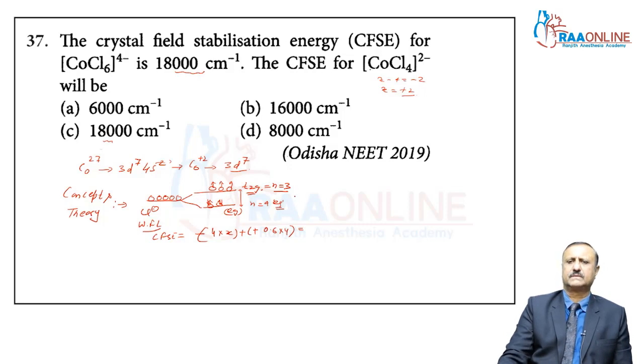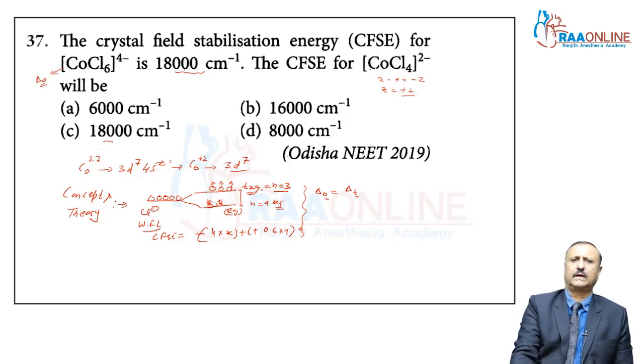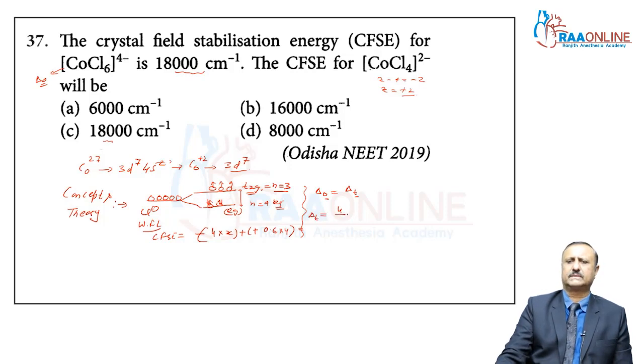Here we have a relationship between the tetrahedral and octahedral stabilization energy. T is for tetrahedral and O for octahedral. So the octahedral value is 18,000. The relationship for tetrahedral complexes is 4 by 9 into the CFSE of octahedral.